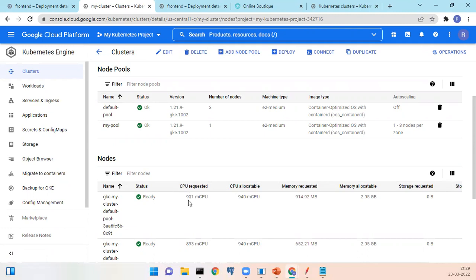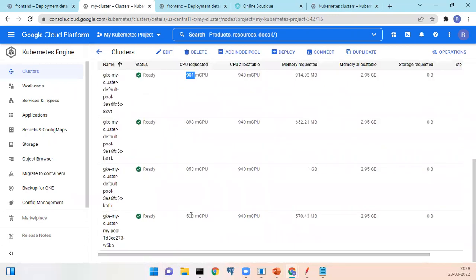If you see here, there is a little difference in the convention for how we allocate the CPU. It says M CPU, where M stands for milli CPU. What it means is 1,000 milli CPU is equal to 1 CPU. If you need 2 CPUs, then we have to mention 2000 milli CPU. That's the convention we follow here.